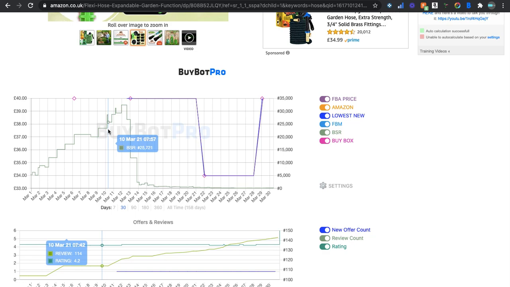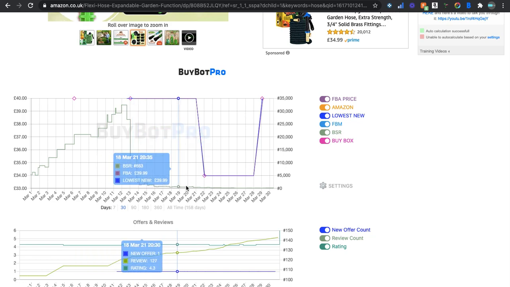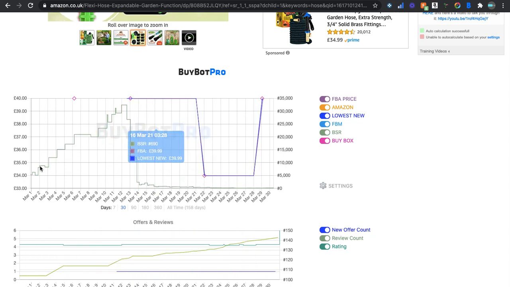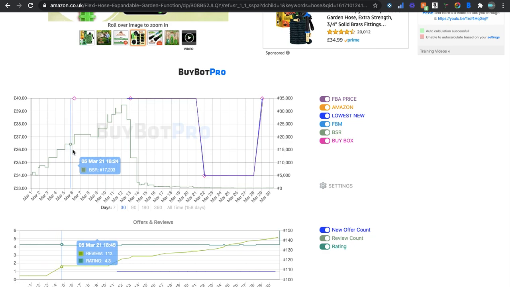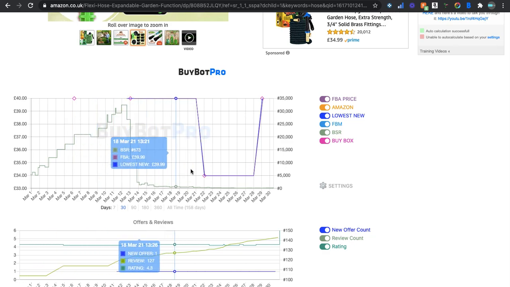It went up there, maybe one sale there, but nothing much. Went up, and as you can see, tiny drop off there, maybe one sale, but nothing was really happening. Once again, this is a seasonal item, so not many people were buying it. All of a sudden, it dropped straight down, now it's selling like crazy. That's an example of an item that wasn't selling very much at all, and then all of a sudden it started to sell loads.